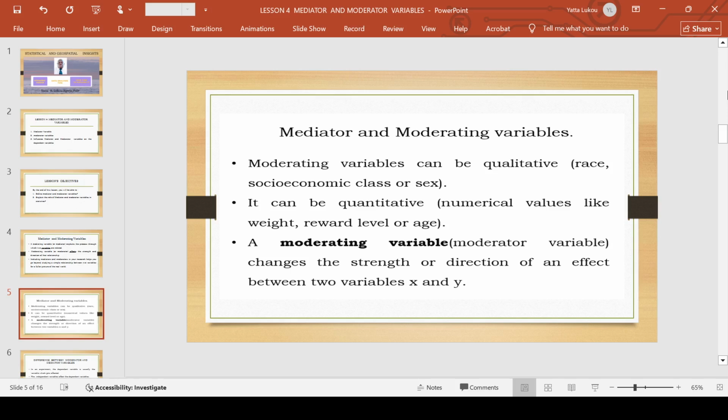It can be quantitative or numerical values, like weight, reward level, or age. A moderating variable changes the strength or direction of an effect between two variables x and y.